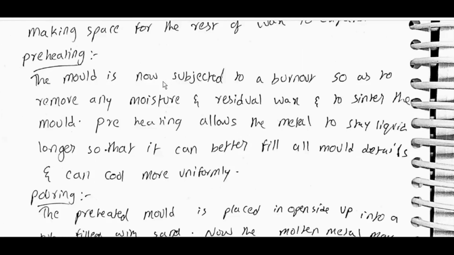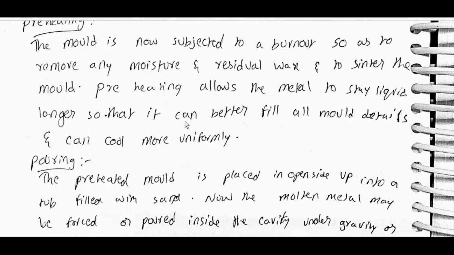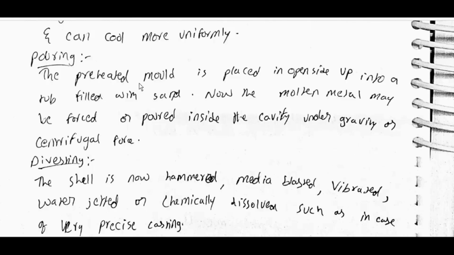Preheating: the mold is now subjected to burn out so as to remove any moisture and residual wax and to sinter the mold. The preheating allows the metal to stay liquid longer so that it can better fill all mold details and cool more uniformly. Pouring: the preheated mold is placed open side up into a tub filled with sand.